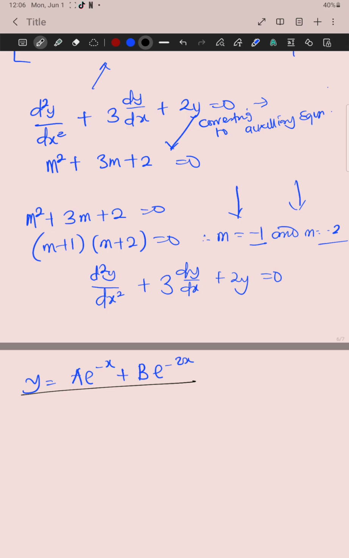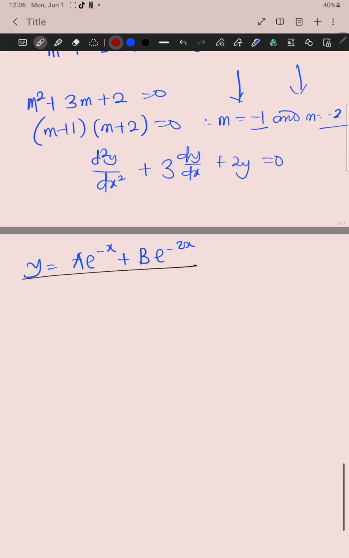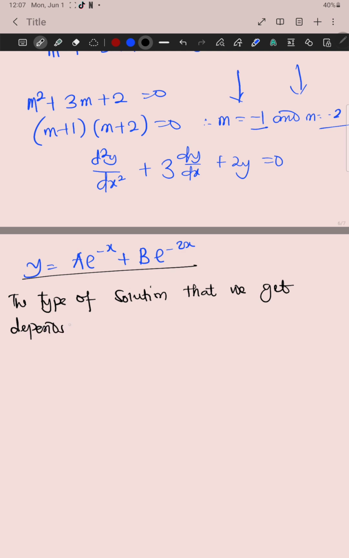Now, the type of solution that we get depends. We're getting deeper. The type of solution that we get depends on the root of the auxiliary equation.